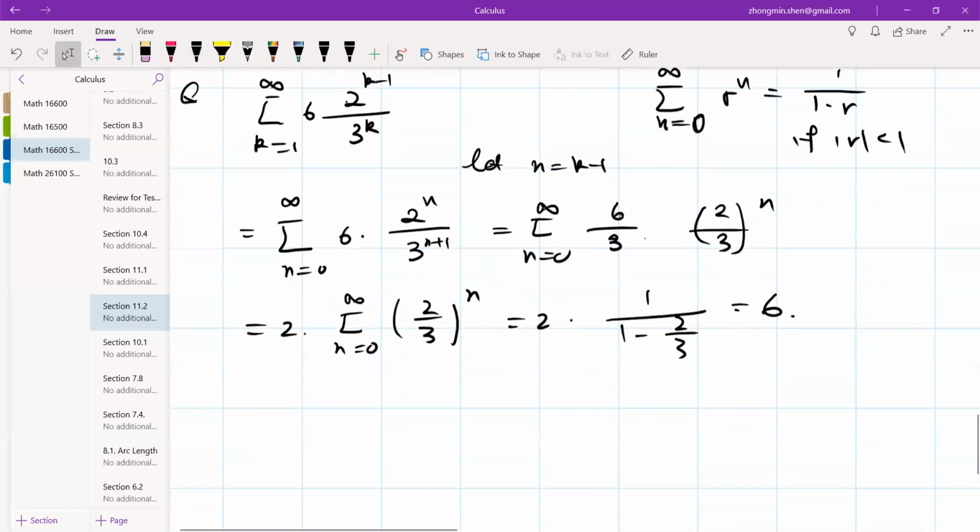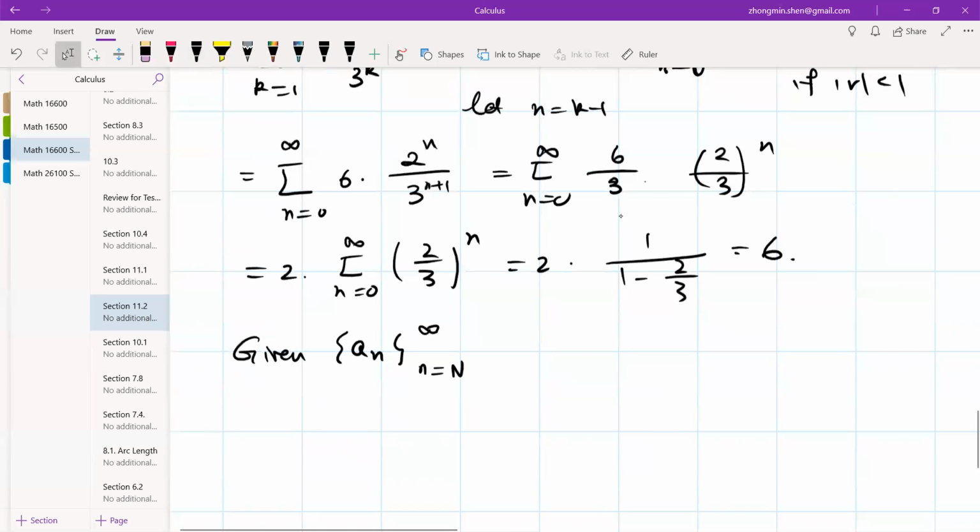Let's talk about the general one. You are given a sequence, n starting from capital N to infinity. It's not necessarily from 1 or from 0.